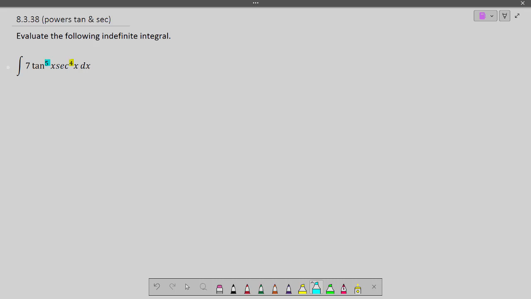So not too bad. Just have to remember the rule. Is there any questions on this? We'll do the setup for the other one just so that you can see it. Does that make sense? Even powers a secant, pull off a pair, convert the pair that's left behind.